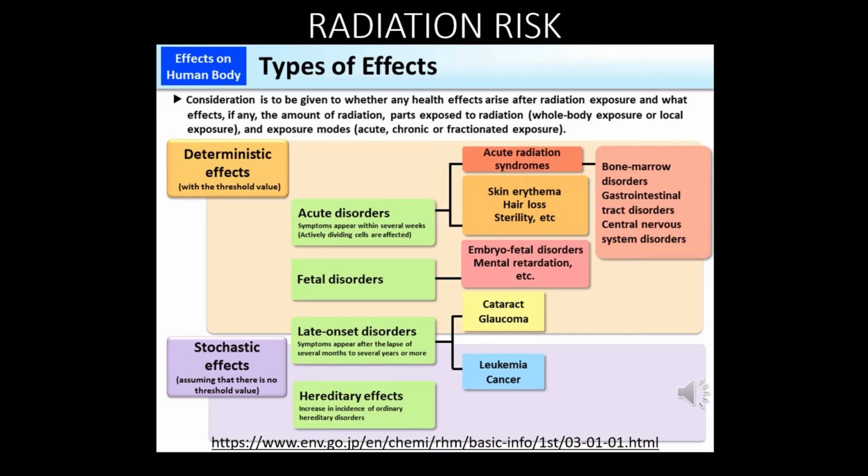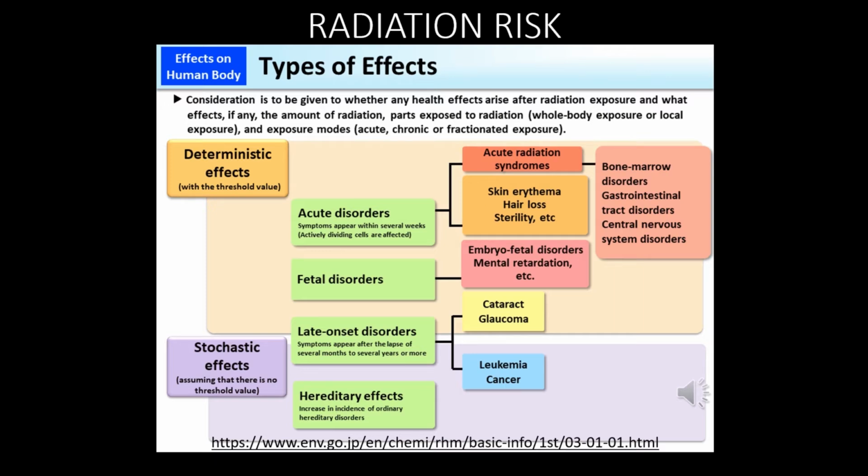Let us look at deterministic effects a little closer. Acute disorders are such as acute radiation syndromes related to bone marrow disorders, gastrointestinal tract disorders, and central nervous system disorders. There may also be skin erythema, hair loss, and sterility.